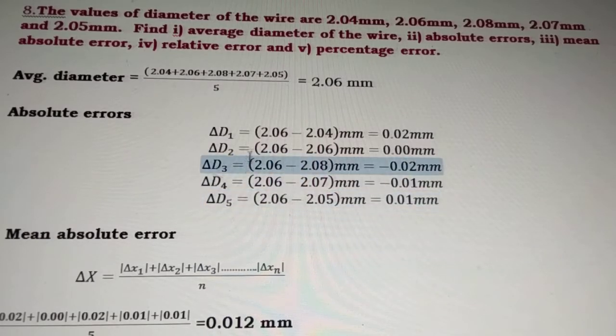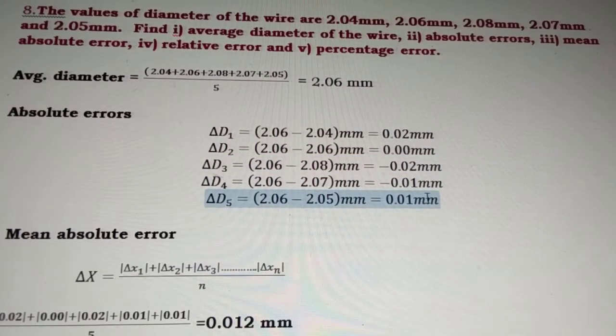You just see this: 2.06 minus 2.04, that is the first value. Every value is subtracted from 2.06. So you will get 0.02, and 0.00, so there is no error in the second one, that is delta x2. In delta x3 there is an error, a minus error, you will get 0.02. This is an absolute error. These are all considered as absolute errors: first one, second one, third one, fourth one and also fifth one.